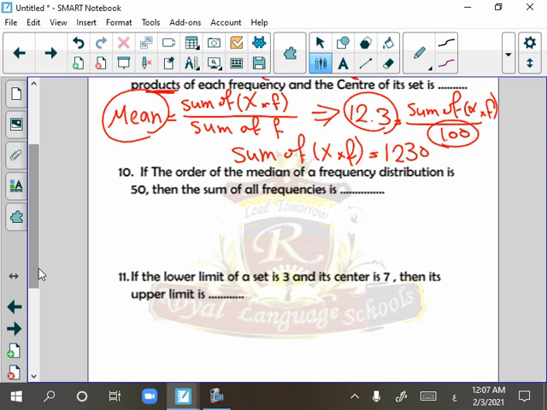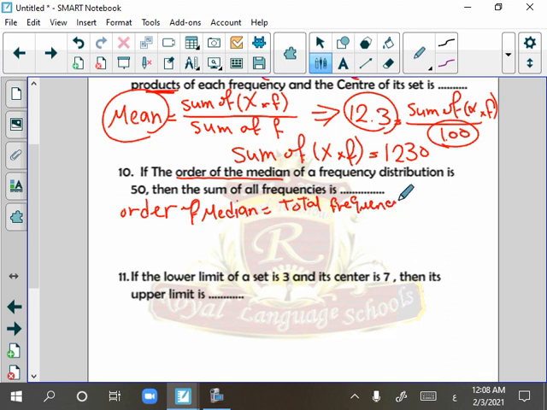Okay, the law of the order of the median: order of median equals total frequency divided by 2.